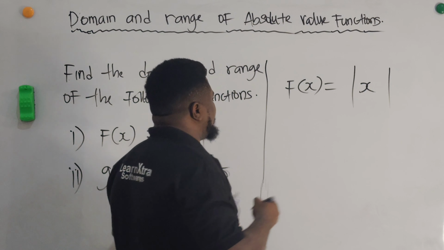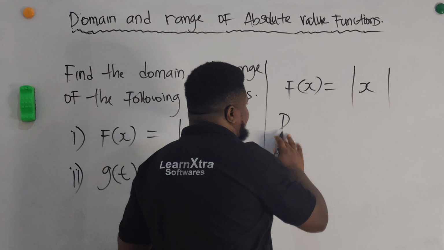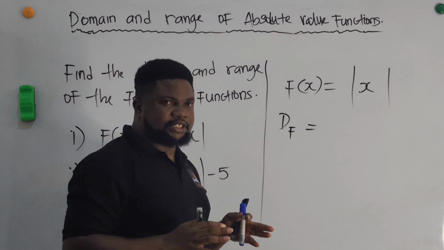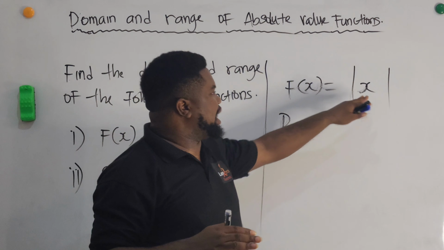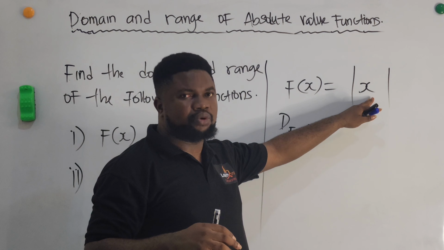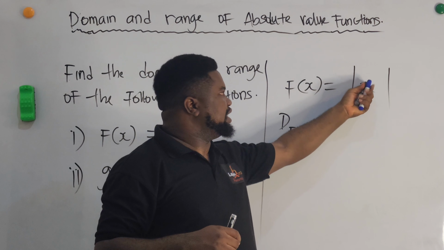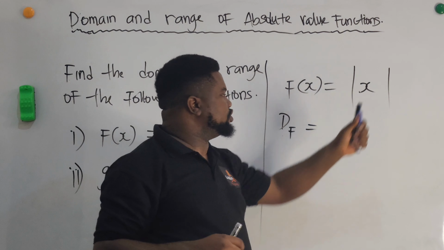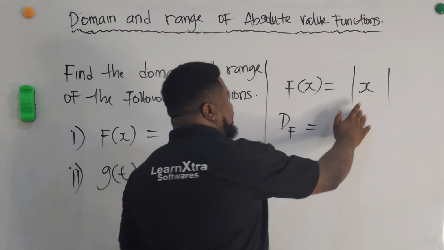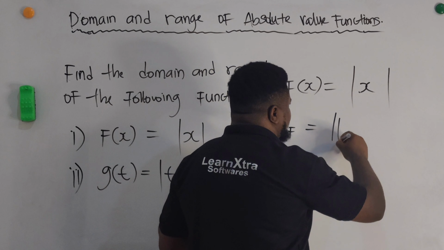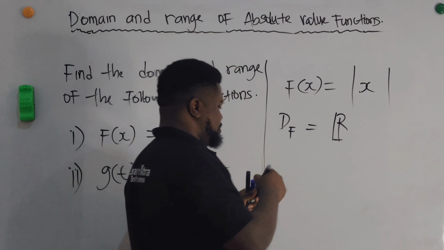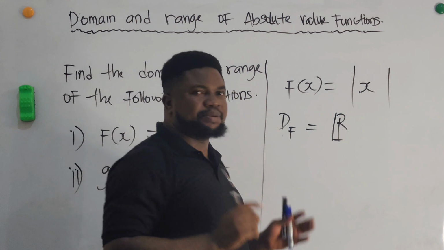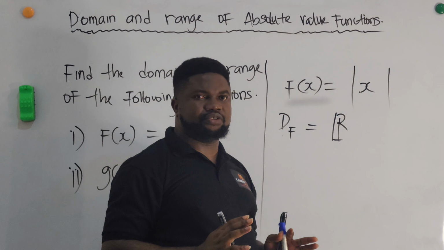But let's talk first about our domain. Domain of this function, dom f. The truth is this: anything that enters here will work, provided it's a simple polynomial function. So we are saying that our domain here is all real numbers for absolute value, provided the content is a simple polynomial function.